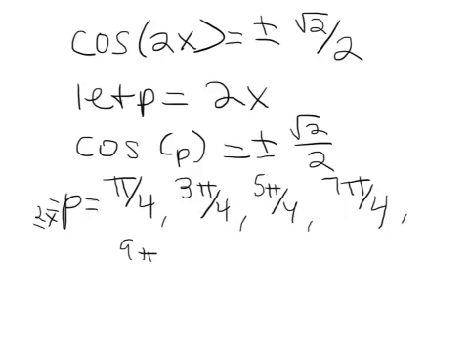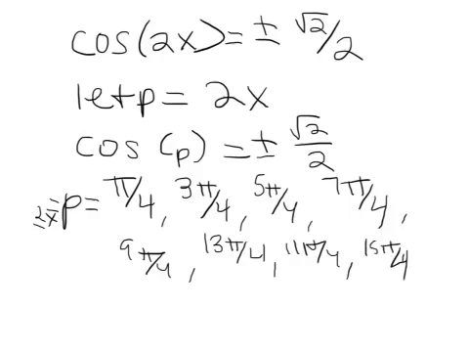So that would also include 9 pi over 4, 11 pi over 4, 13 pi over 4, and 15 pi over 4. Now this is still 2x, so we have to divide by 2 on both sides.